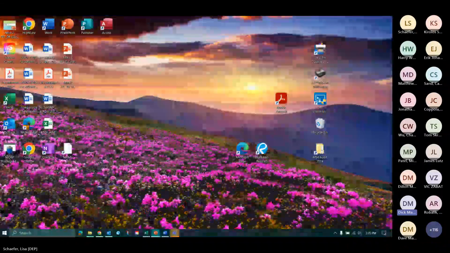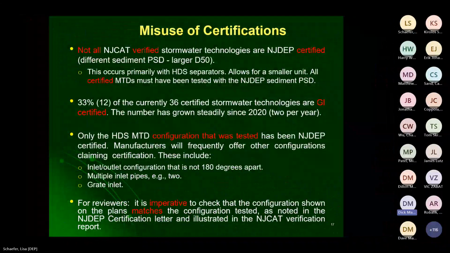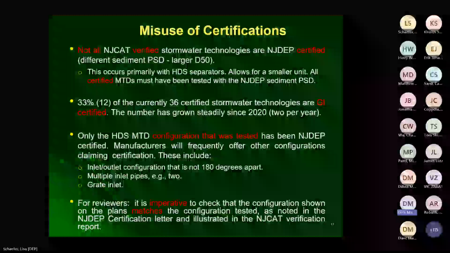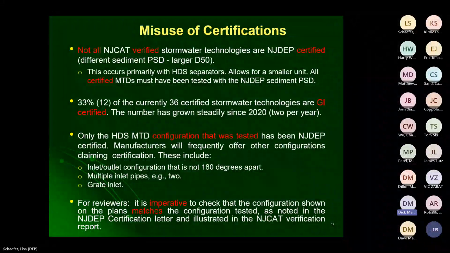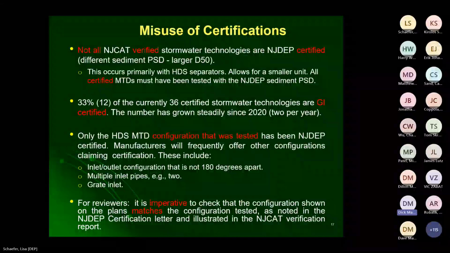And as I've mentioned, because I want to make that point, manufacturers will frequently offer other configurations claiming certification. And the three things to be conscious of: one is inlet outlet configuration that is not 180 degrees apart. I pointed that out to you. Multiple inlet pipes.